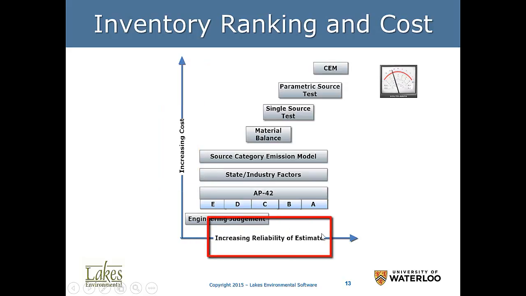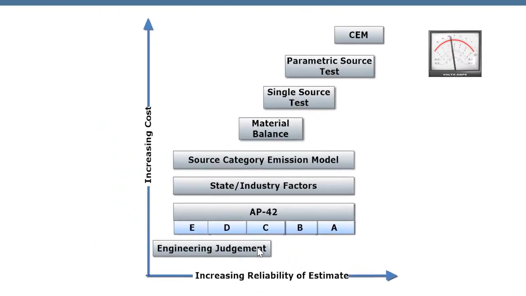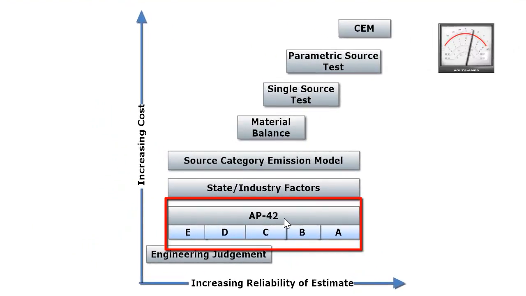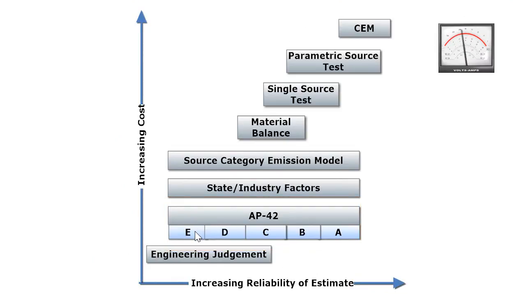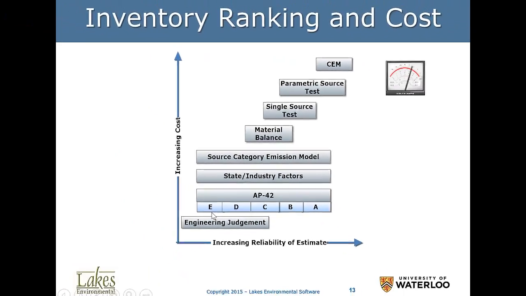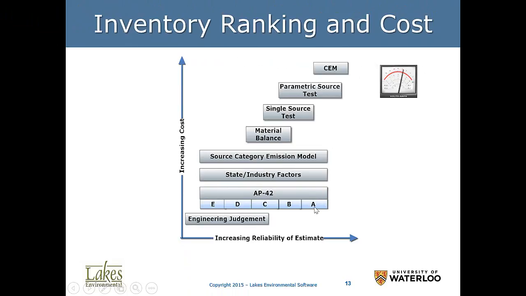And as you move on this, the reliability of your estimate for the emissions also increases. So we have engineering judgment. We have the famous US EPA AP-42 estimates, and they have rankings from E, which is the worst, all the way to A, which is the best.